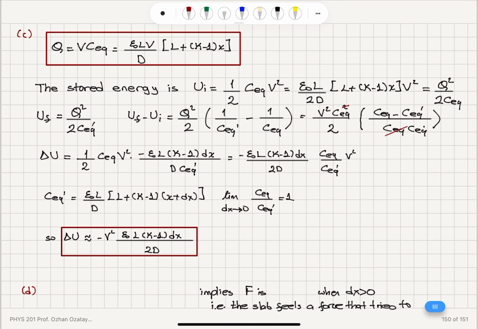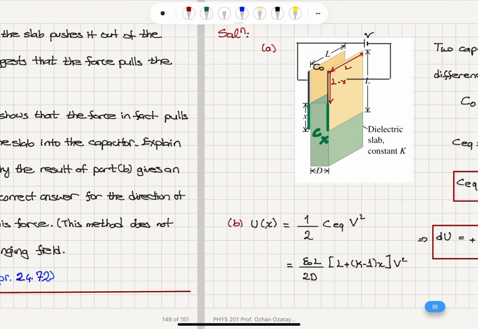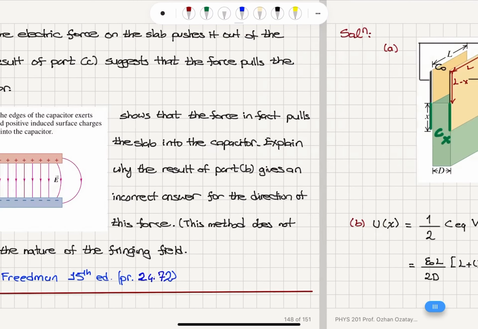If I compare this answer with the answer to part B, I see that it's the same thing, just this time with a minus sign. So I have shown that it is the negative of the expression for dU given in part B.